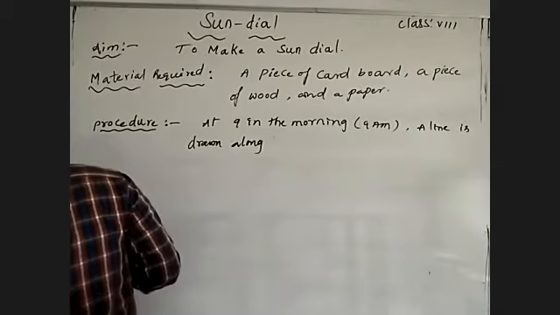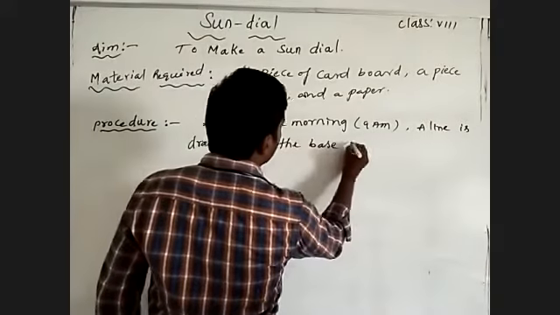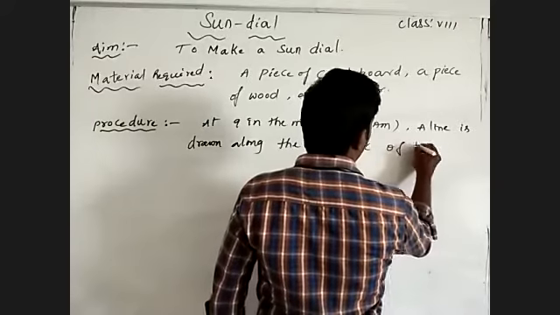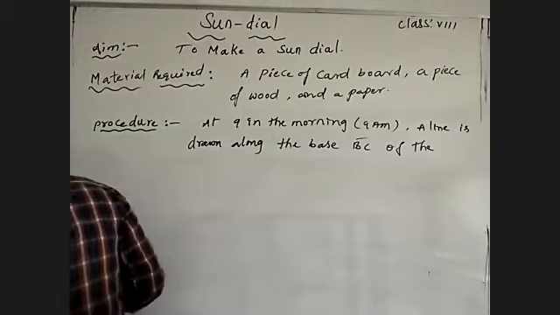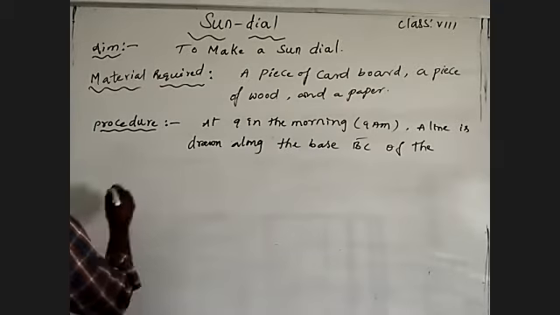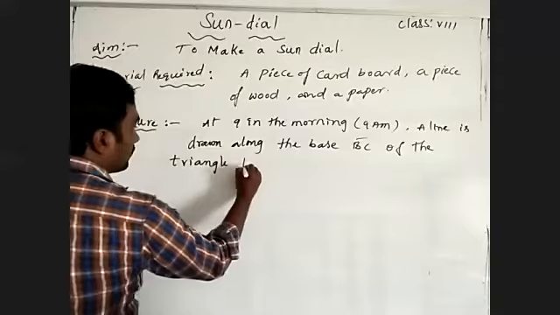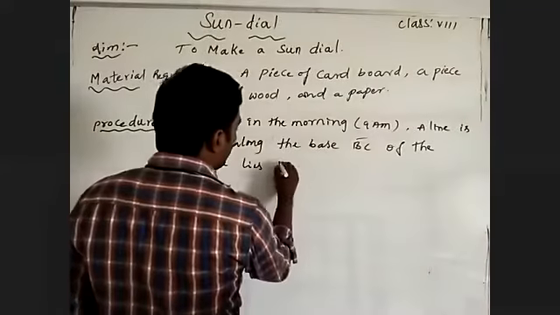A line is drawn along the base BC of the triangle, which lies in the north-south direction.